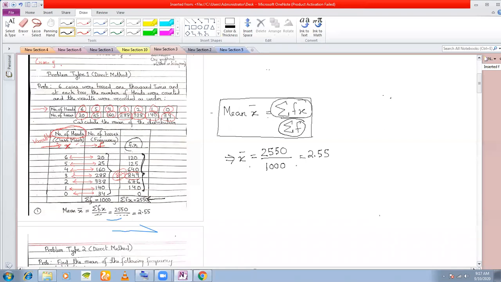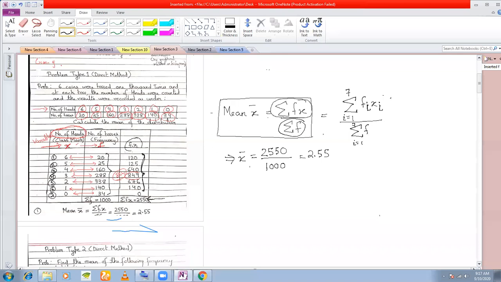The point I'm trying to make is, how many data are given here? See, 1, 2, 3, 4, 5, 6 and 7. There are 7 data given. So summation fx here could also have been written in this manner: summation i equals 1 to 7, fi xi divided by summation fi.